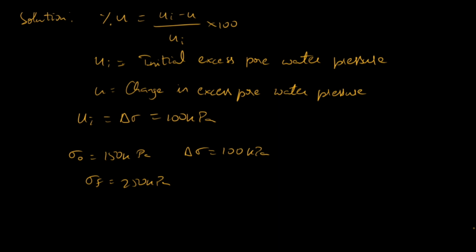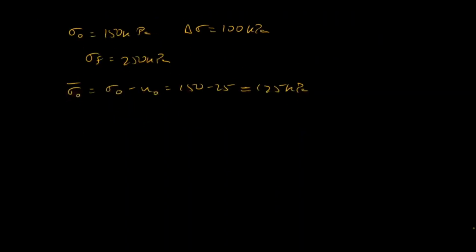With the initial total vertical stress and initial pore water pressure, we can find the initial effective stress. Sigma naught prime will be equal to sigma naught minus u naught, that is 150 minus 25, which is nothing but 125 kilopascal. From this we can calculate the change in effective stress.